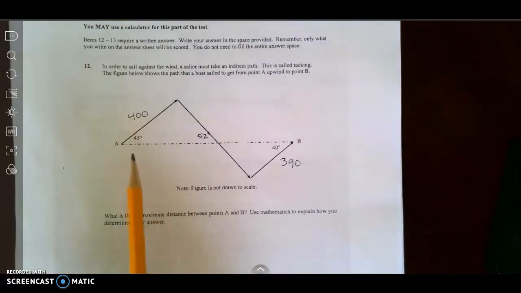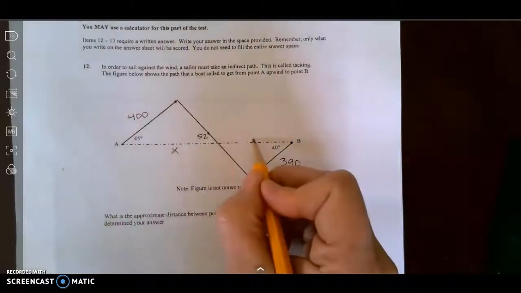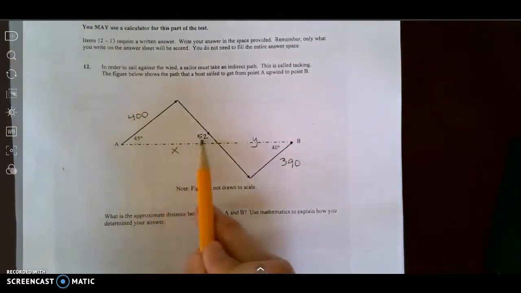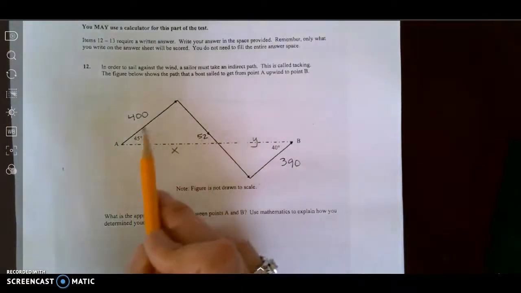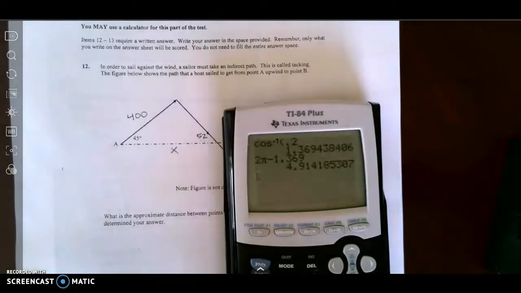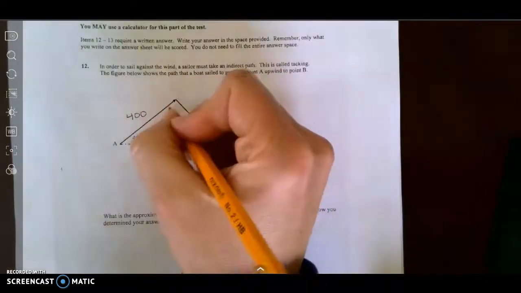After reading this problem, we're asked to find the distance from A to B, which means I need to find x and y. This is 45 and this is 52. The angles in a triangle add up to 180. So 45 plus 52, subtract that from 180, I get 83.